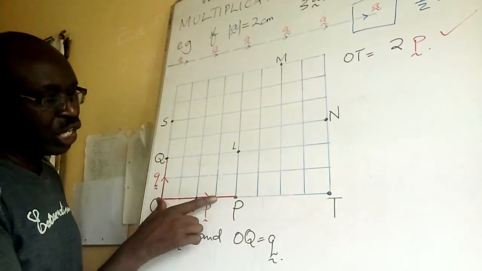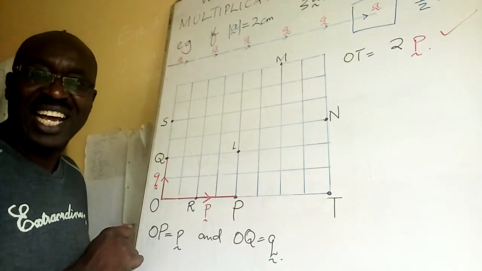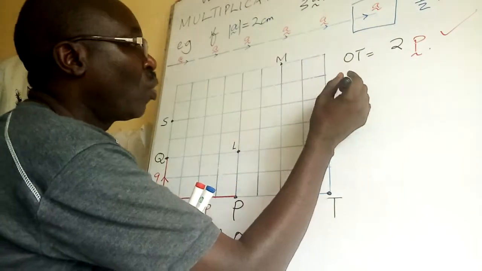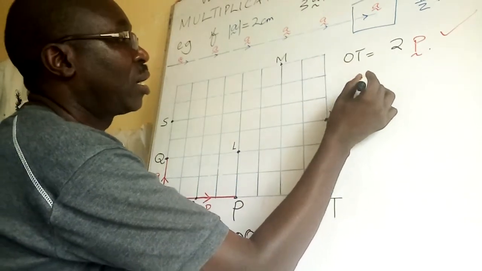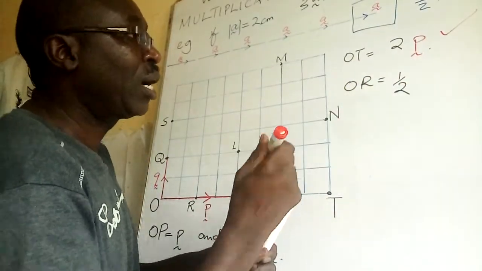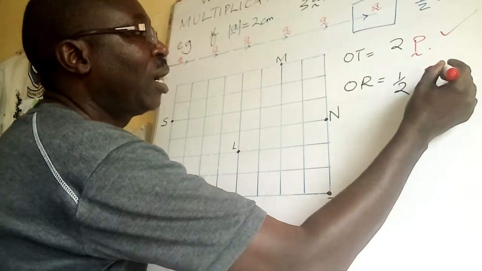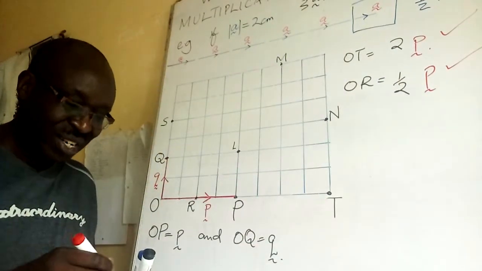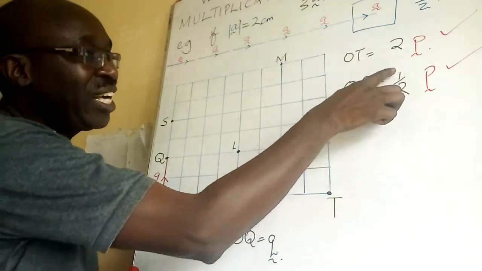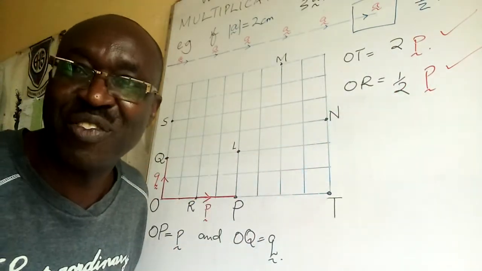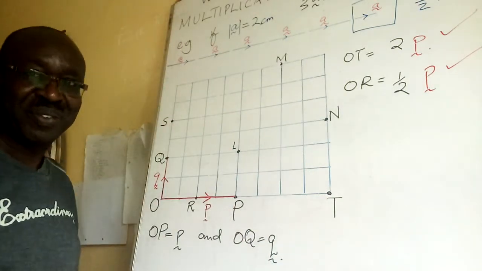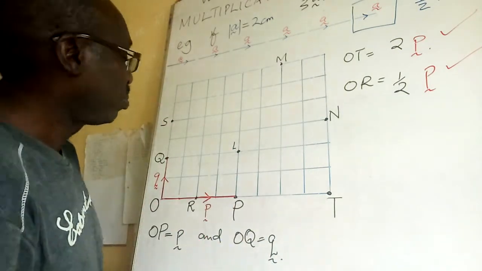This portion is half of that. R is a half of vector P. And you are right. So this is the scalar and that is the vector. Multiplication by scalar. Right? Let us continue.